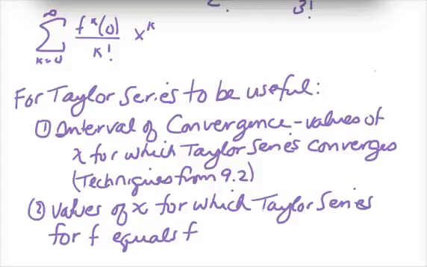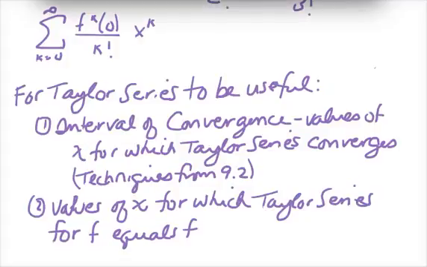And the first is what we've been working with, the interval of convergence. And that's really, just like the interval of convergence for the power series, it's the values of x for which the Taylor series converges. And the techniques from 9.2 is what we're going to drop back to for that. And the second point of interest is really values of x for which the Taylor series for f actually equals f.